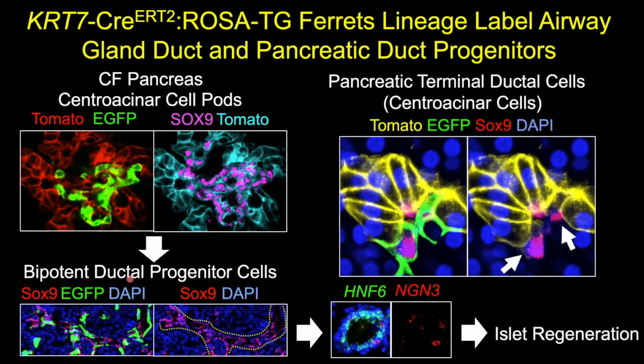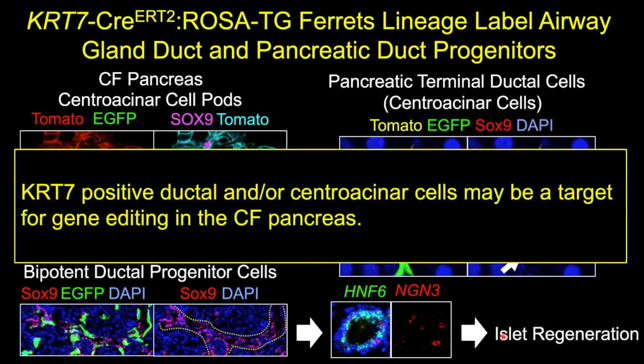These cells, we hypothesize, lead to bipotent ductal progenitors that incorporate into these ducts and eventually acquire a fate here, using fluorescent in situ hybridization of NGN3 HNF6 negative cells, which have been shown during development of the pancreas to be endocrine precursors to islets.